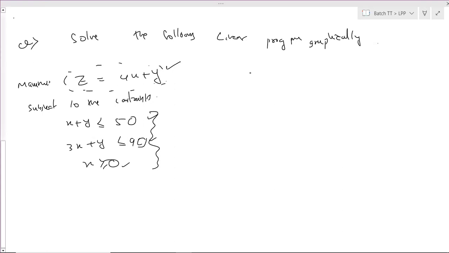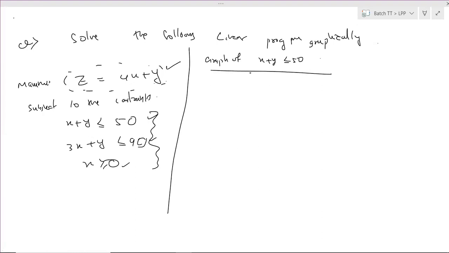So first, let's draw the graph of x plus y less than or equal to 50. Let's draw a table. When x is 0, y will be 50. When y is 0, x will be 50.